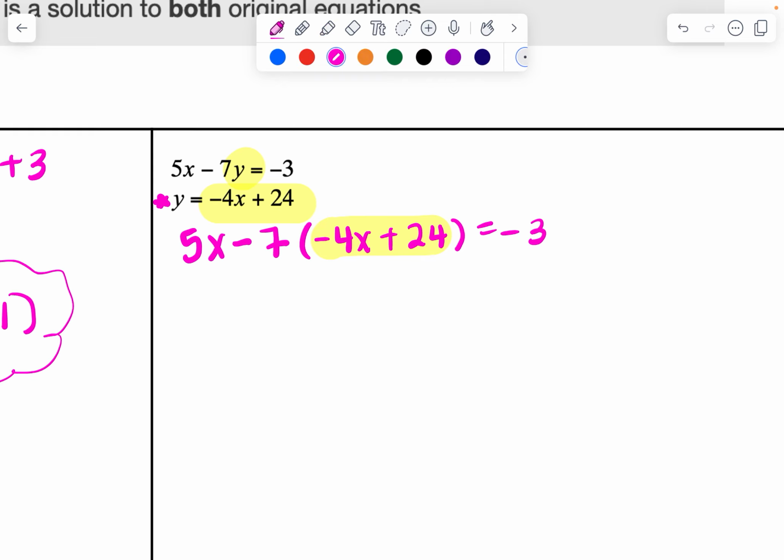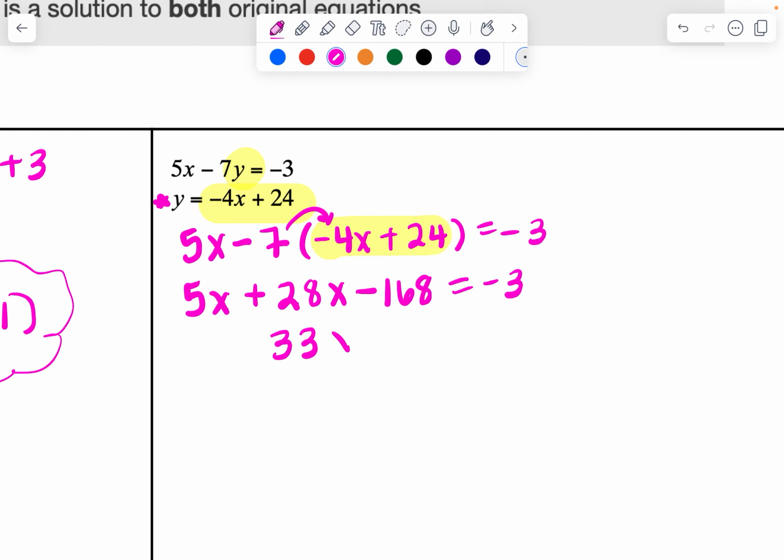So now simplifying this, notice again I only have x's now. 5x minus negative 7 times negative 4x is positive 28x. And then negative 7 times 24 is negative 168 equals negative 3.